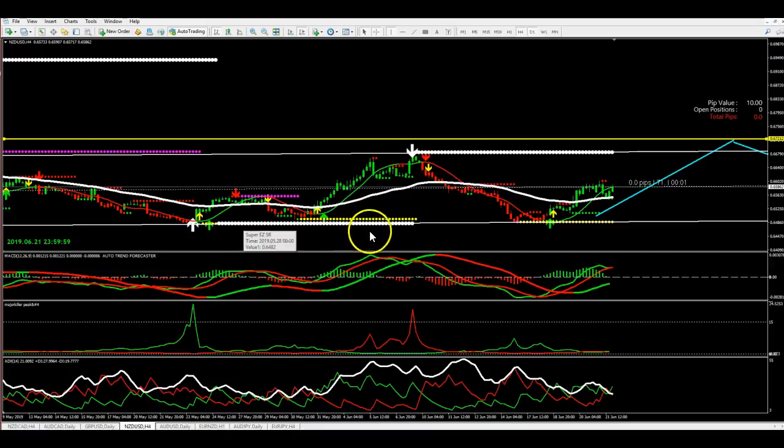The dot is reading the 4 hours, daily and weekly. So right now it's just dancing on that particular area, on the 0.64860, and then it's going to continue its direction to my horizontal line.